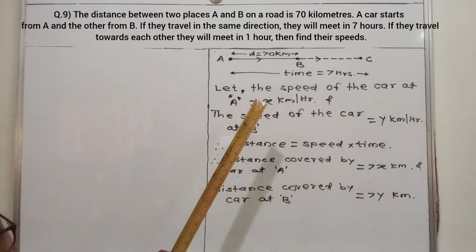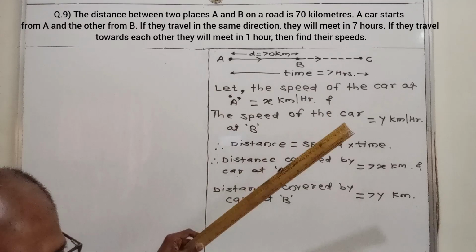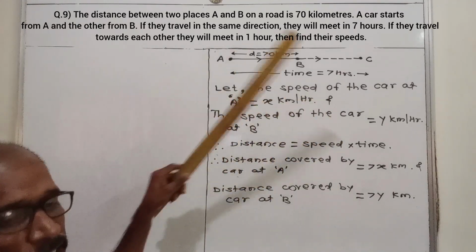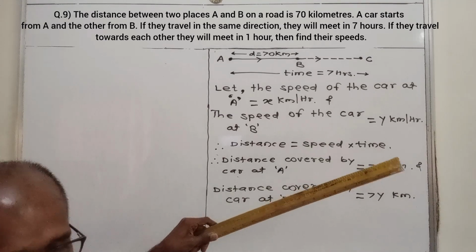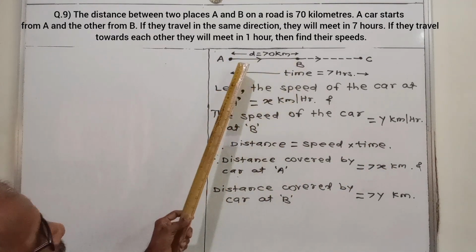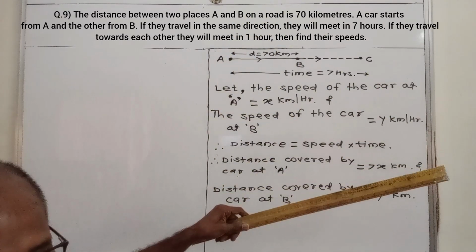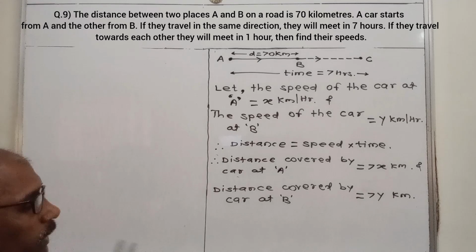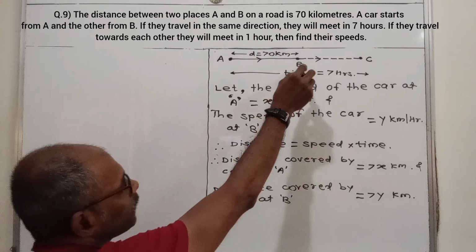Car at A. How many kilometers more? What is this distance? 70 kilometers. Then how many kilometers more distance is covered by car at A? 70 kilometers. Very good.